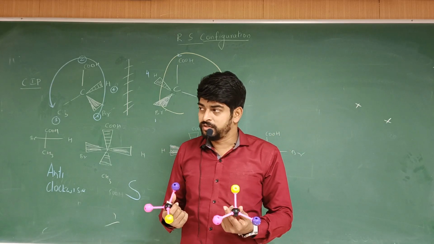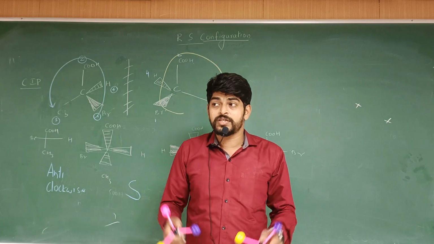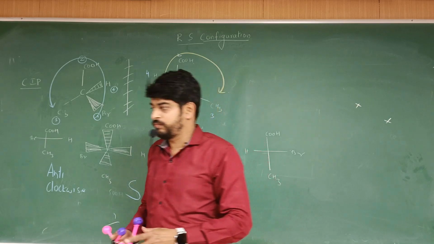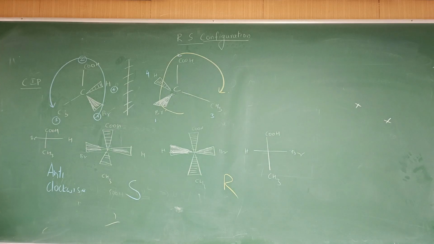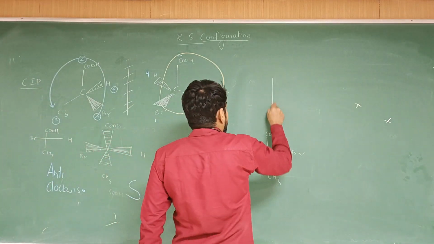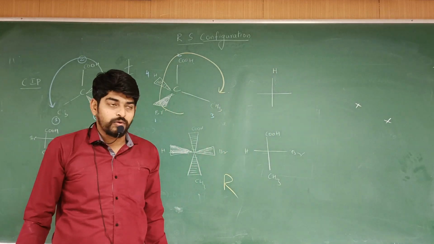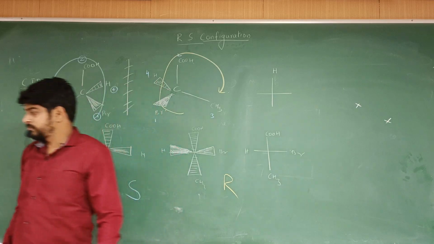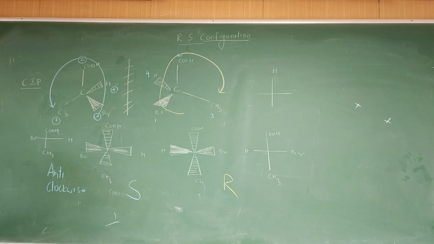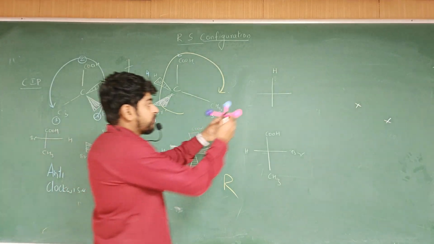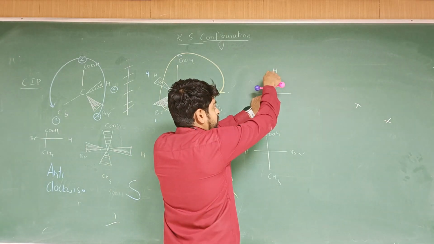Is that understood? You can assign R and S based on the Fisher projection also. How? In the Fisher projection, are groups on the vertical line directed outward or inward? Inward. Groups that are present on the vertical line are inward. These are vertical lines, right?